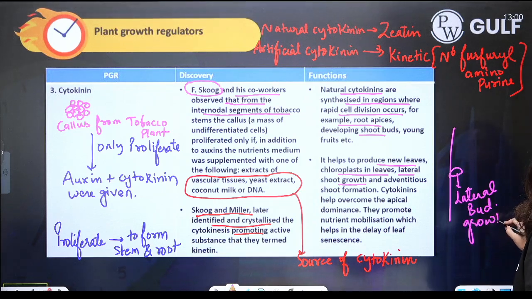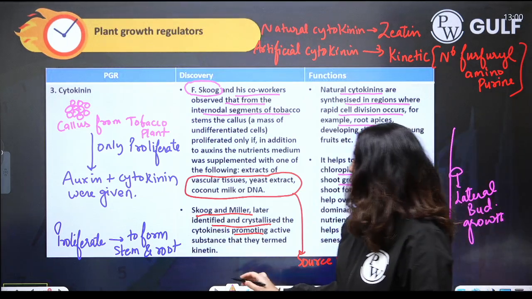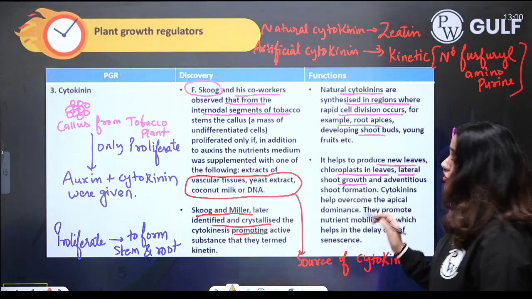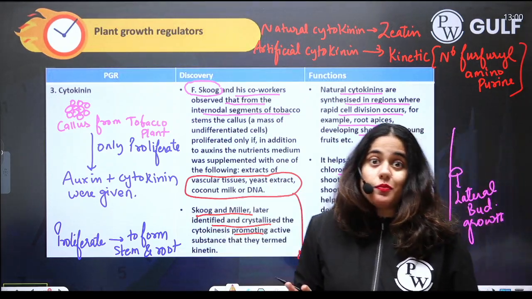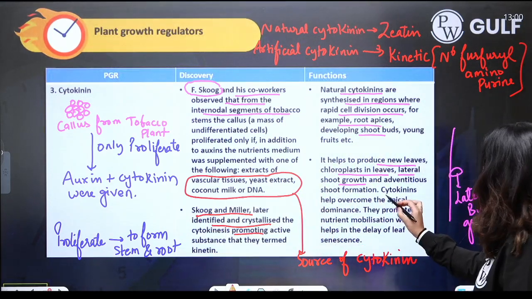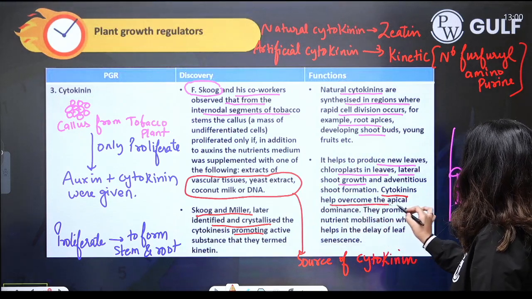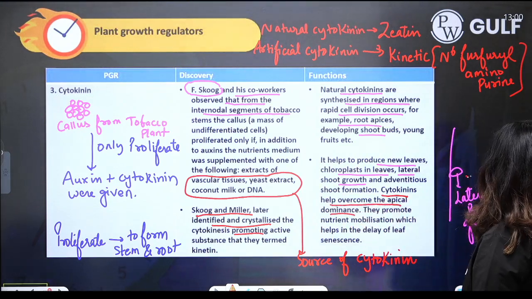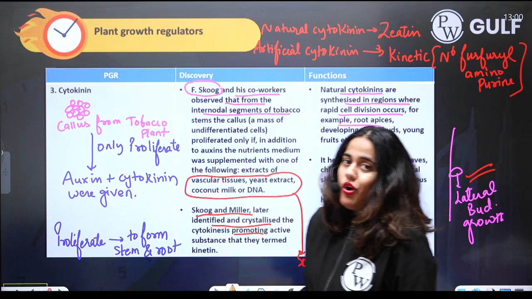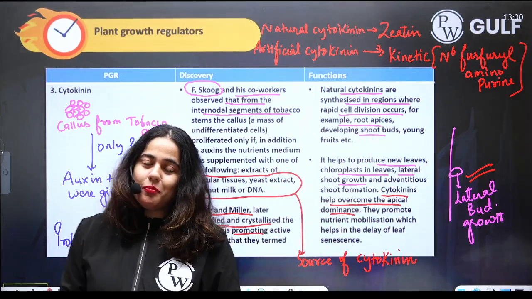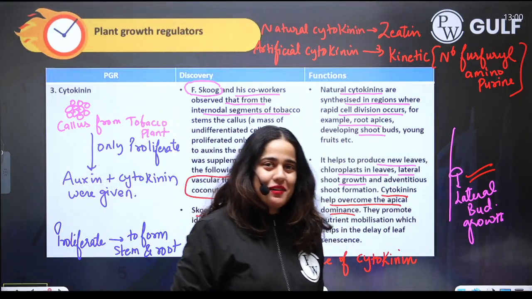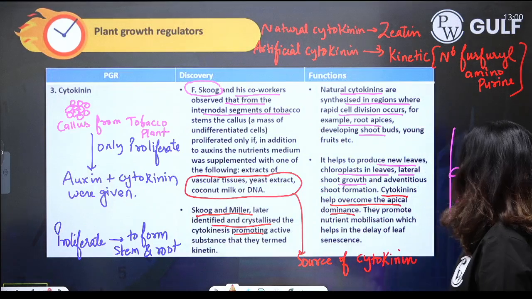So cytokinin is doing the opposite of auxin. Auxin is inhibiting the lateral growth, whereas cytokinin is promoting the lateral growth.